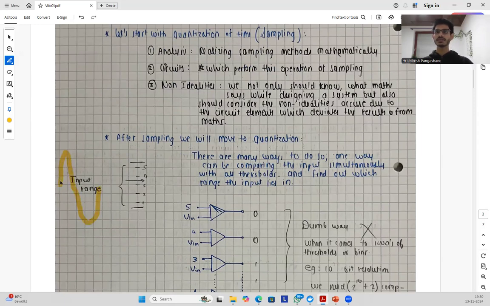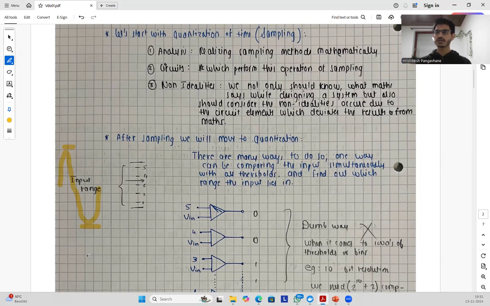Even though the time is discretized, the amplitude is still continuous. So let's say at a particular instance of time, what is the value of that amplitude? It can take any value between the amplitude range, let's say from +5 to -5. Between +5 and -5, it can take any value, so the possibility is infinity.